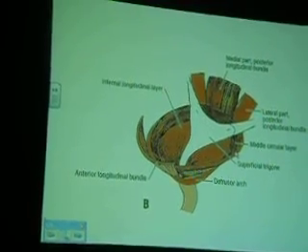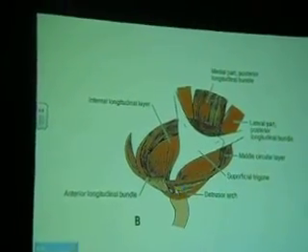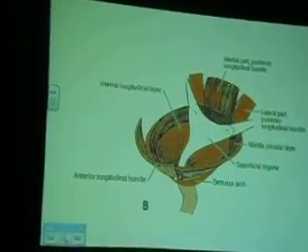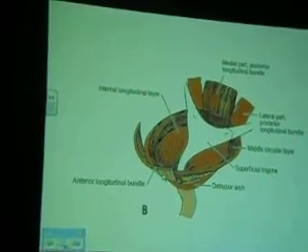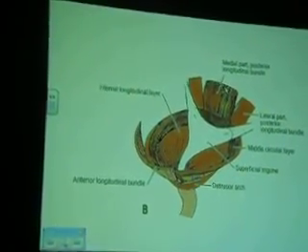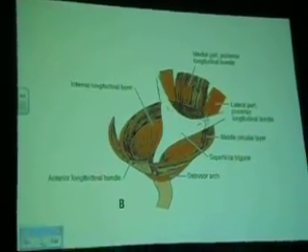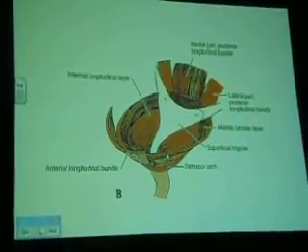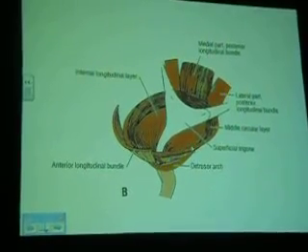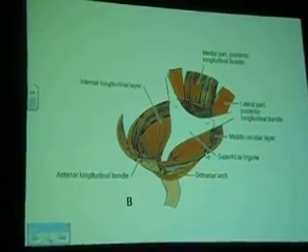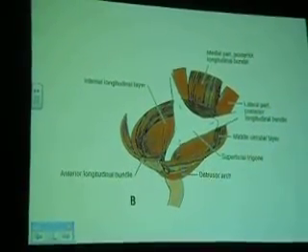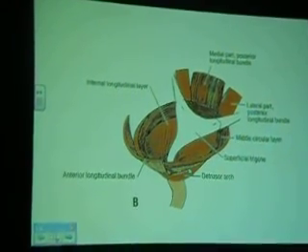The middle layer of the detrusor comes around, see there? And there is the detrusor called an anterior longitudinal bundle, and the middle part of the posterior longitudinal bundle. In the male, the superficial and deep trigone and the detrusor muscles completely encircle the urethra.